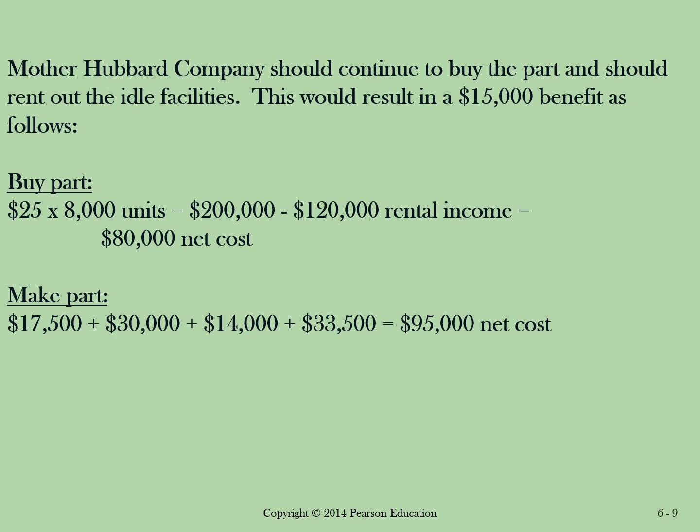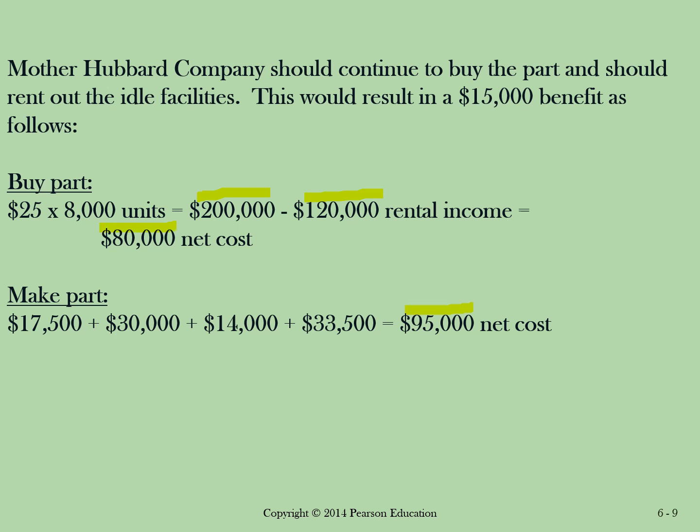And according to that, when we make the comparison, we are going to choose the 95 as the lowest cost. But when we get to buying with rental, we are going to find that the rental income will be deducted from the cost of buying the material from the external supplier, and this will lead to a net cost of 80,000.